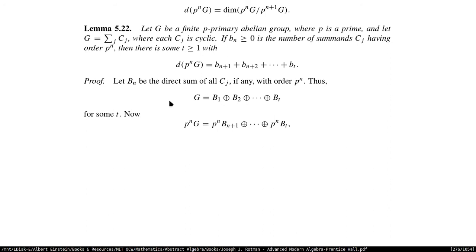If B1 to Bn are positive, okay, so Bn is the number of summands Cj having order P to the n. Okay, so the cyclic groups that have order P to the n are Bn. Then there is some T with this. I don't understand this.